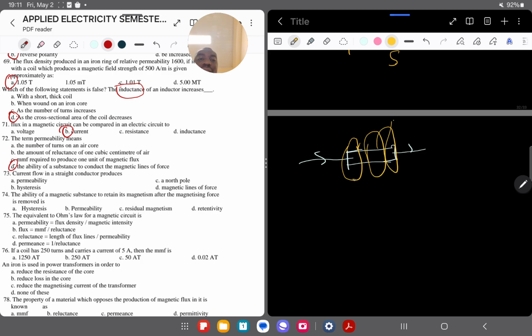Now, this magnetic field around the conductor is due to what? Fm, the magnetization force, or magnetic lines of force. So if you have current flowing through, you are going to have a magnetic field, meaning a magnetic field around the conductor. That's what this is referring to. So the answer for this is going to be D.